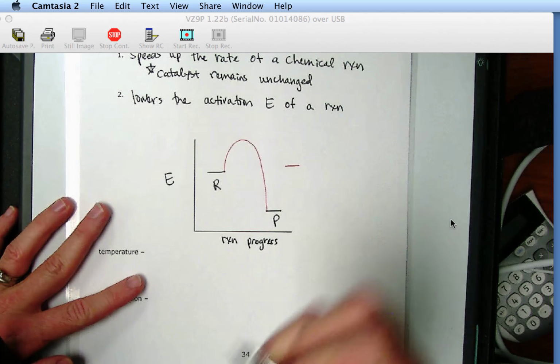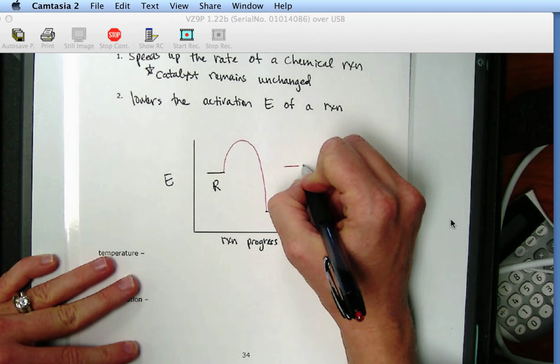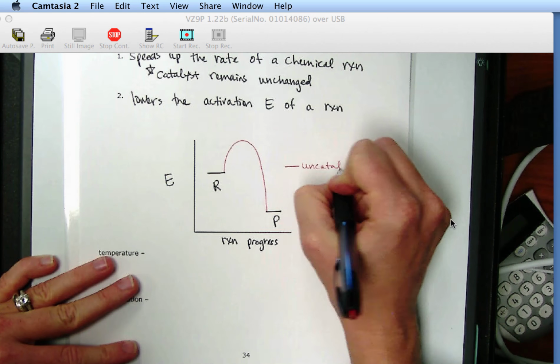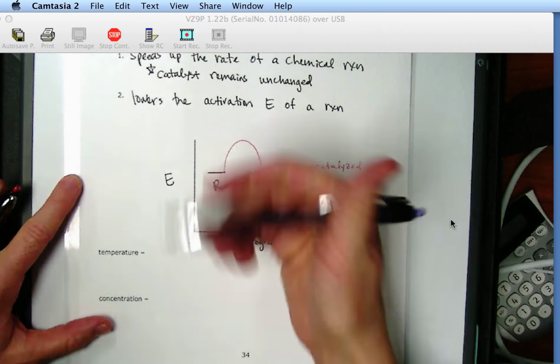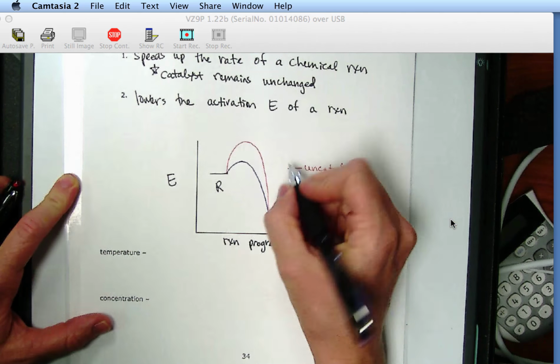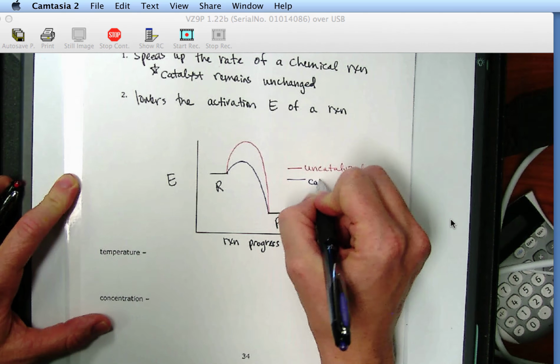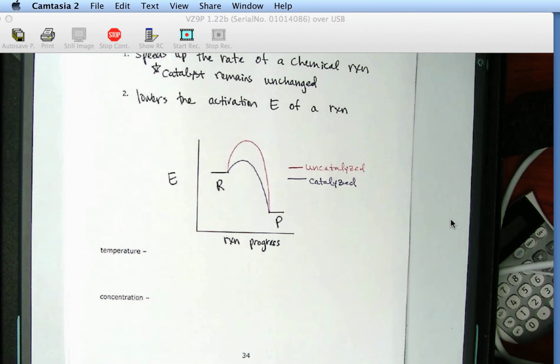All right, let me show you. Okay, so this is uncatalyzed. And then purple is catalyzed. You can't really see the purple in that, but it's colored.